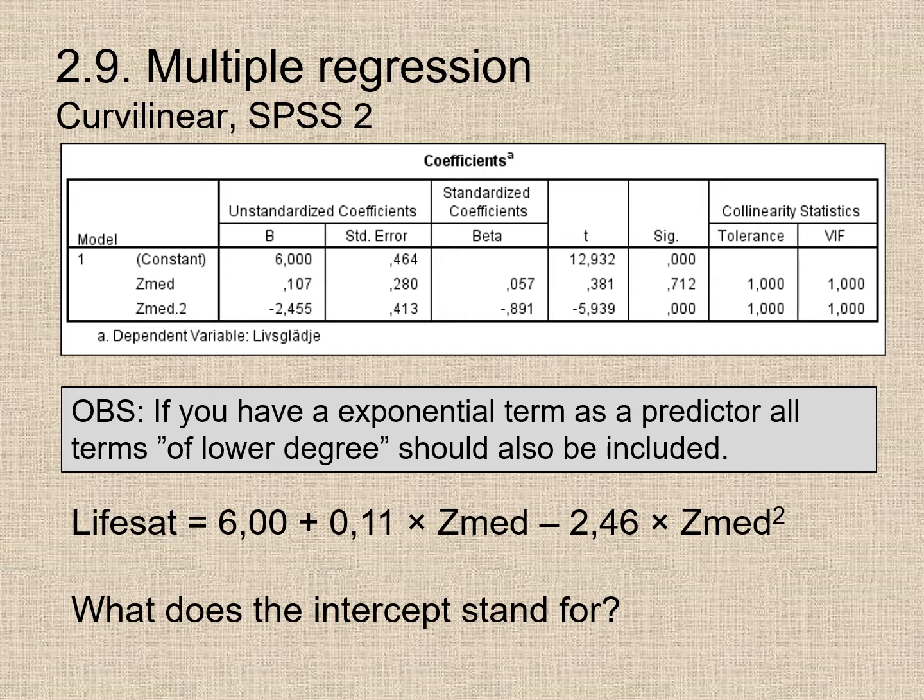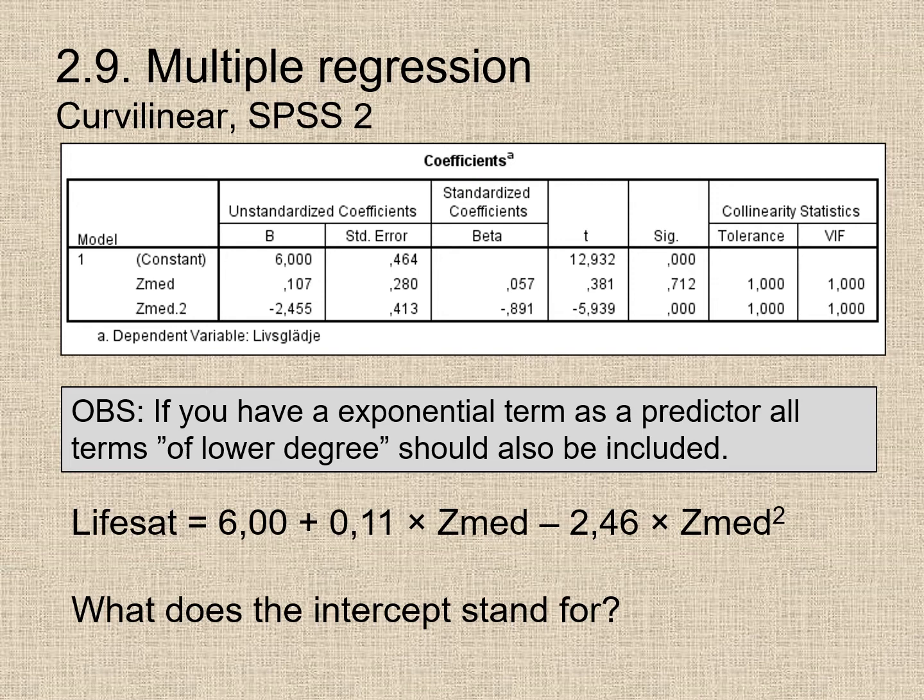The sign of these values tells us what the association looks like. In our example, we have a positive coefficient for medication and a negative for the squared term. That means we have an association that looks like this. Inverted U association.